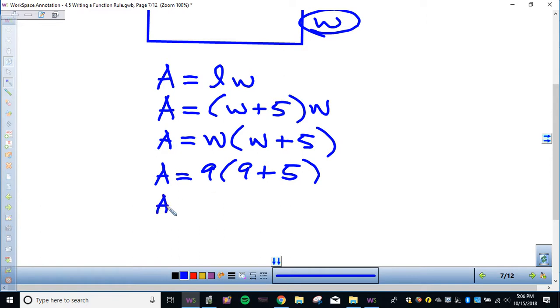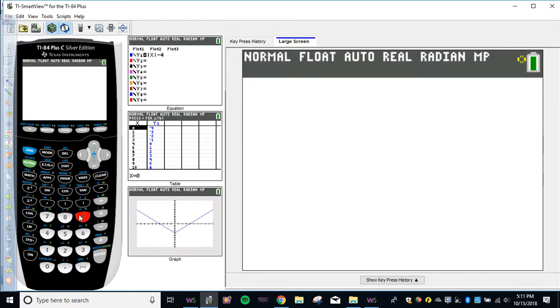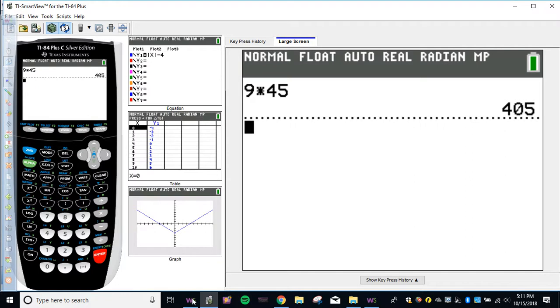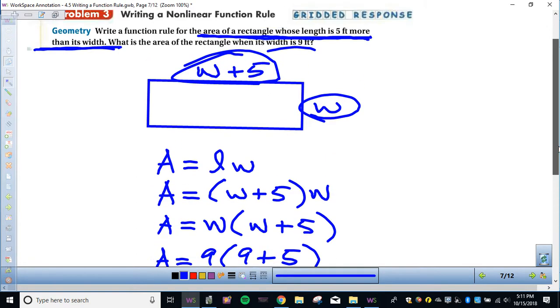So we get area equals 9 times 45. So we'll go back to the graphing calculator, clear it out, and multiply 9 times 45, and we get 405. Area equals 405.